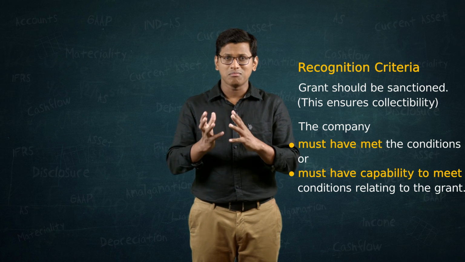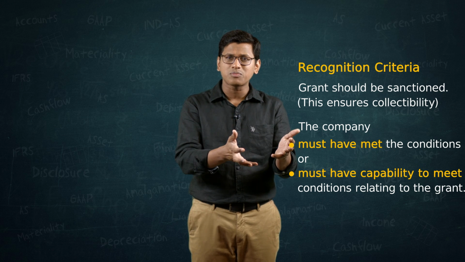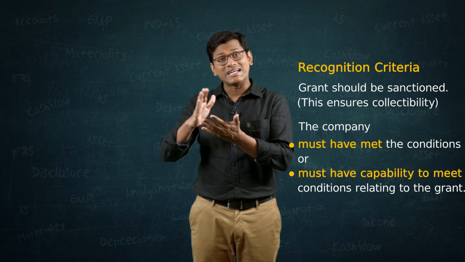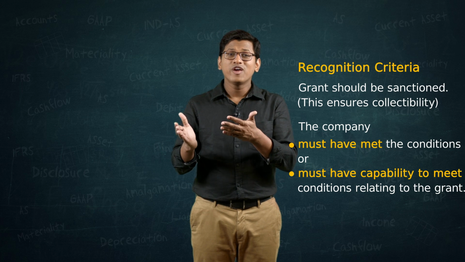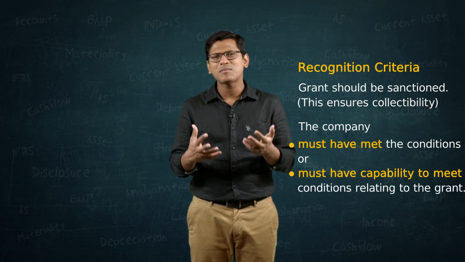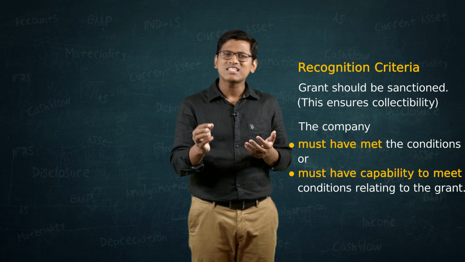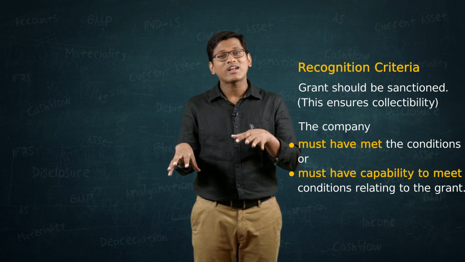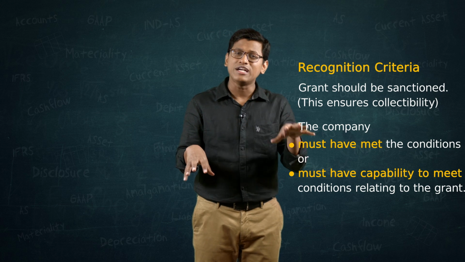There is money being given by one person to another, so there is an expectation attached to it. We should have met that expectation or we should have the capability to meet it. So friends, basically conditions attached to that government grant should have been met or the entity should have the capability to meet them.